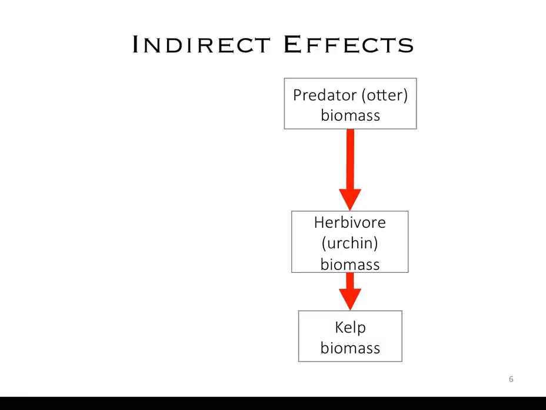This is another example of that, where here you have a direct effect of predator biomass on herbivore and a direct effect of herbivore on kelp. But you also have this indirect effect of otters, right, through the effect of otters on urchins.